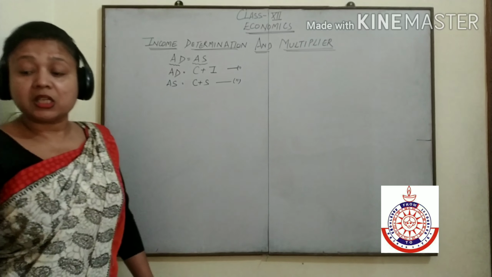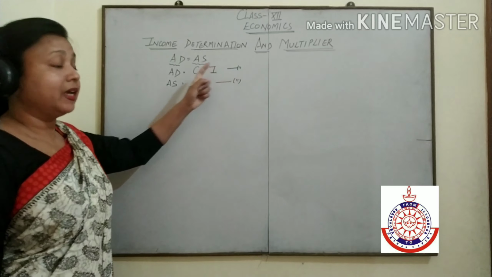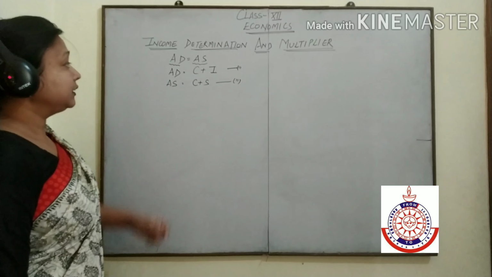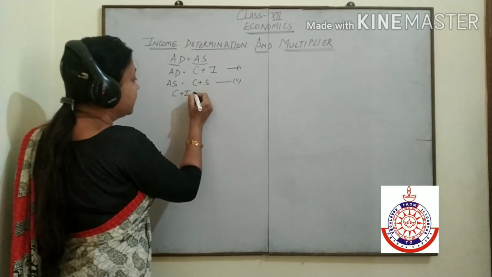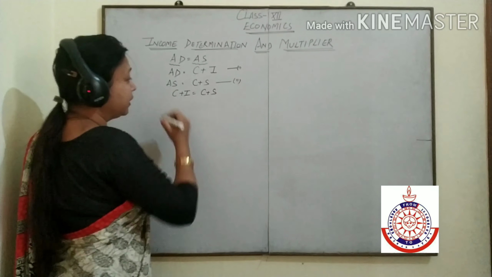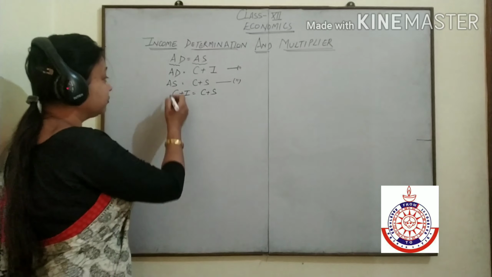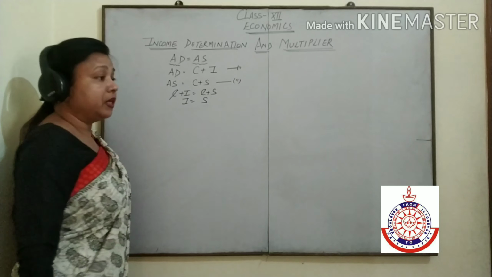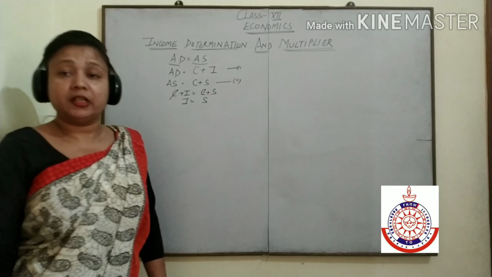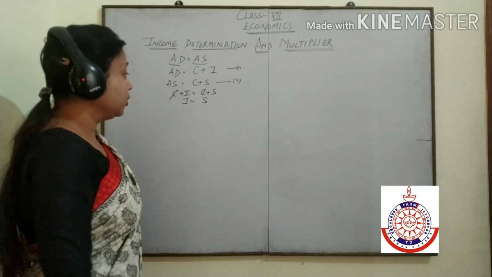Now Keynes says that when aggregate demand is equal to aggregate supply, if the left hand side is equal, then the right hand side is also equal, that is, C plus I is equal to C plus S. So I is equal to S. It means equilibrium is reached when saving is equal to investment also.